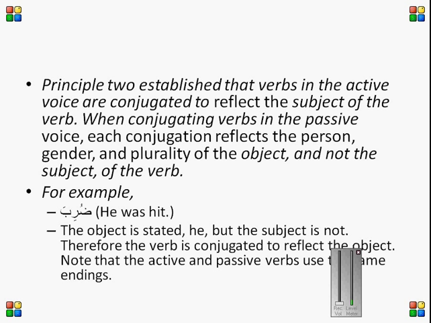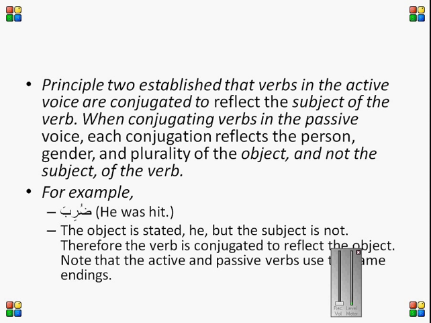Principle 2 establishes that verbs in the active voice are conjugated to reflect the subject of the verb. When conjugating verbs in the passive voice, each conjugation reflects the person, gender, and plurality of the object and not the subject of the verb. Like I said, when you're dealing with the passive verb, it's dealing with the object. It's dealing with the book and not with Zaid, right?